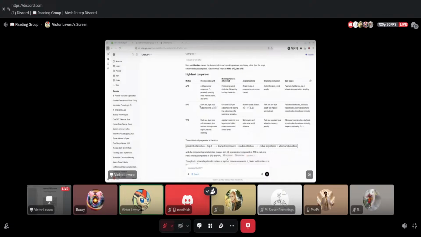And why can't you just train something with that and some set of activations and reconstruction loss? But I guess you can also do the ablation part. But yeah, I don't know.